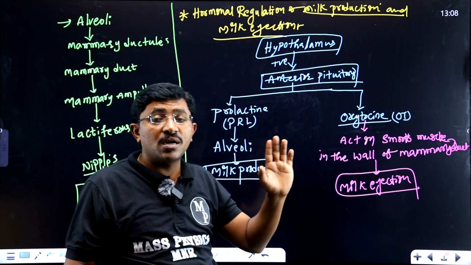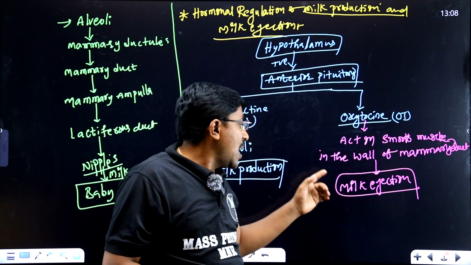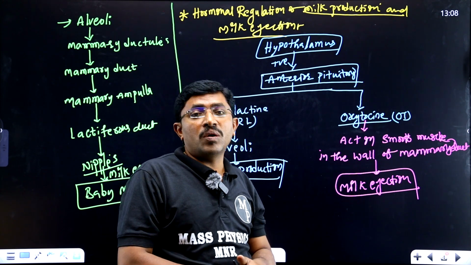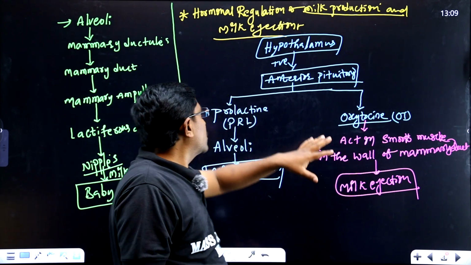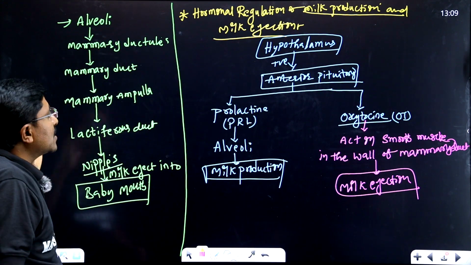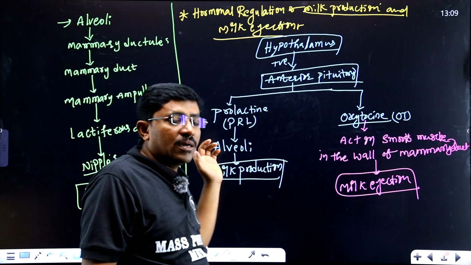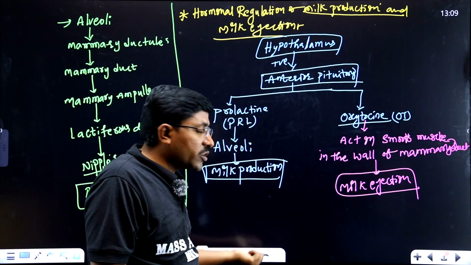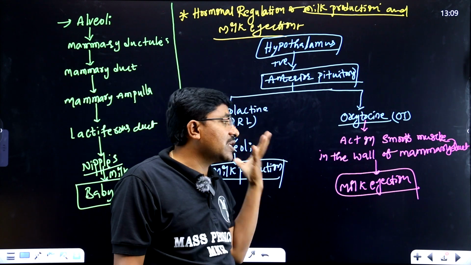That process is called milk ejection. After milk ejection, the milk enters the baby's mouth. So this is the hormonal regulation of the mammary gland: development, and after parturition, production and ejection of milk.